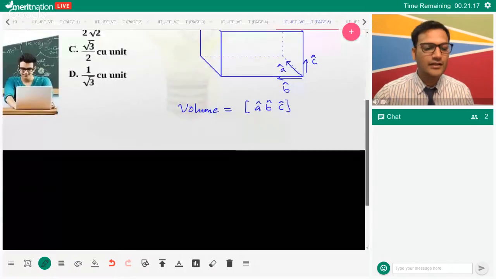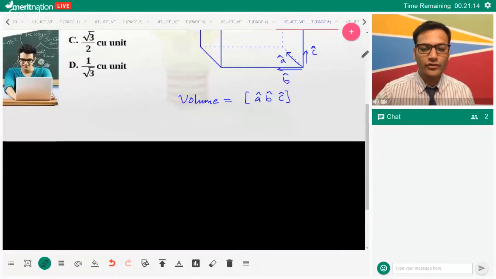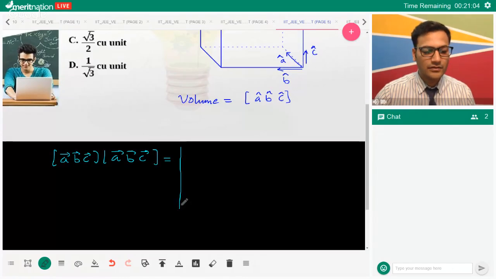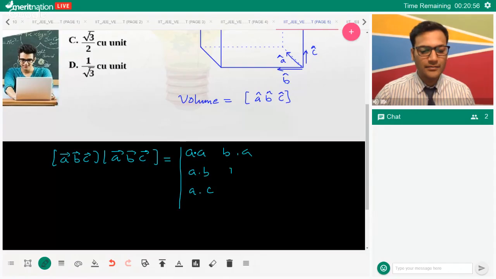I'll say a better way out of solving this is that I can take or multiply these 2 scalar triple products with each other, right? To get A dot A, I'm writing it directly, A dot A, A dot B, A dot C, B dot A, B dot B, B dot C, C dot A, C dot B, C dot C, right?